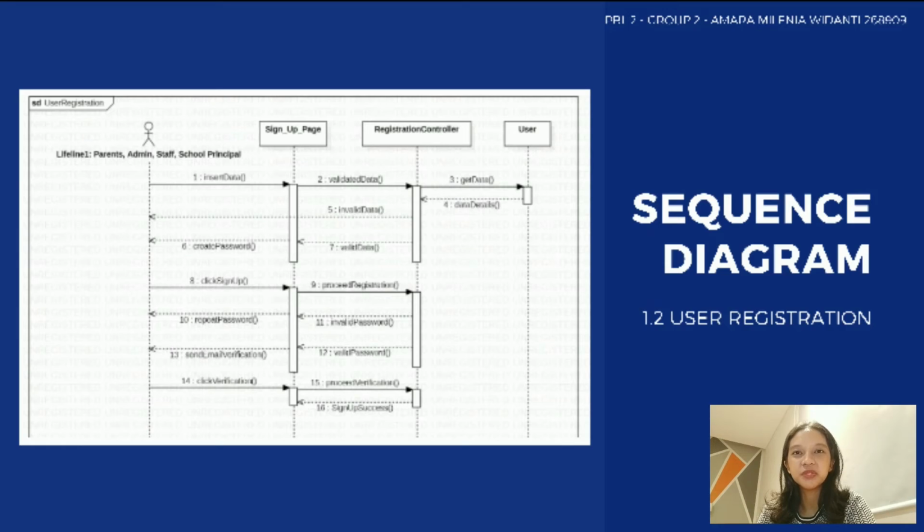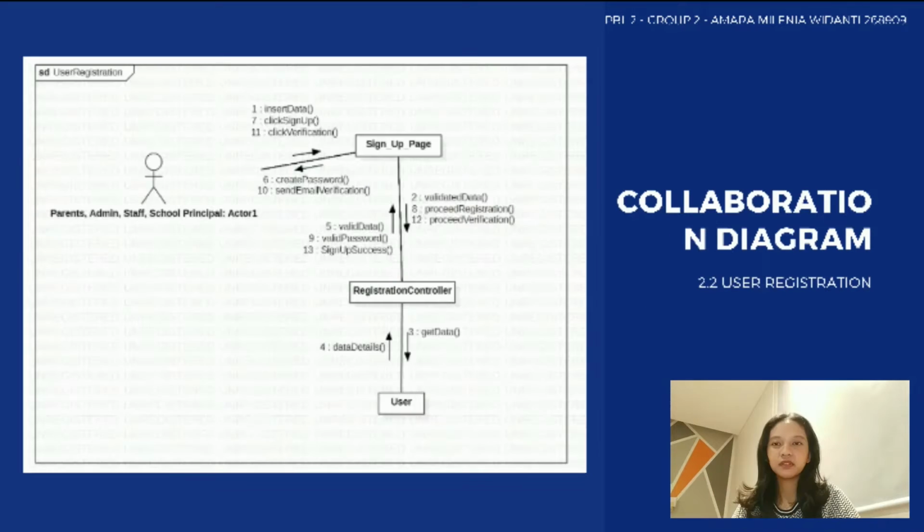But if the password is valid, the reply goes to the sign up page lifeline, and then replies to the actor that they will get an email verification. After that, the actor must click verification, and the sign up page lifeline sends a message to the registration controller lifeline, proceed verification. After that, it replies to the sign up page lifeline, sign up success.